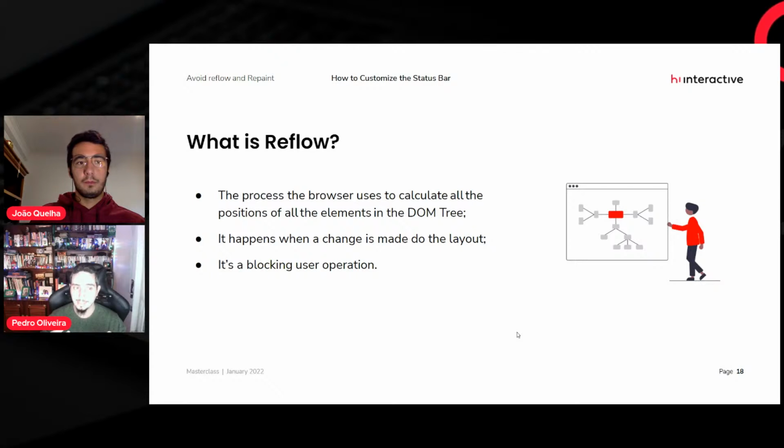Okay, and it basically happens not just in the beginning, but every time that we request a change to the layout, and we are going to talk about this in the next slides. All right, so with that, let me just give you a small piece of information about the Reflow actions.